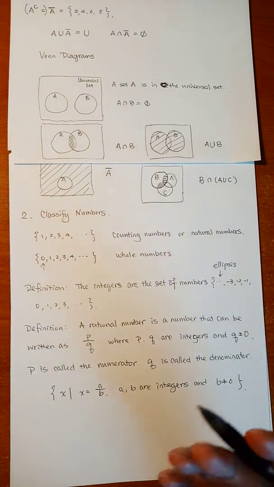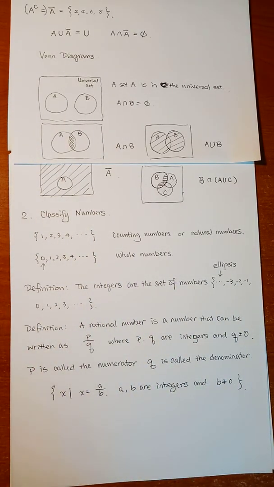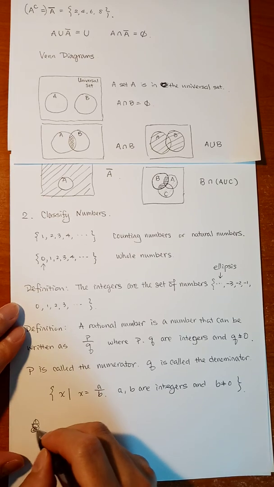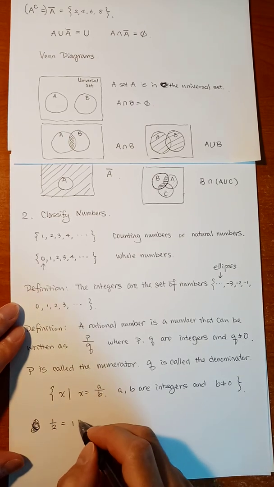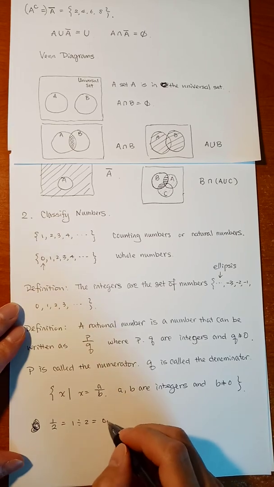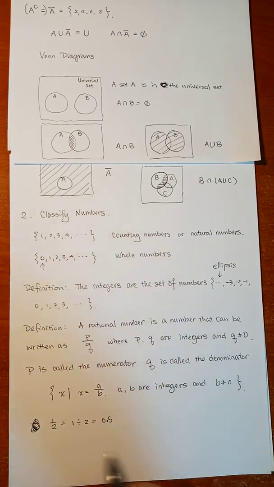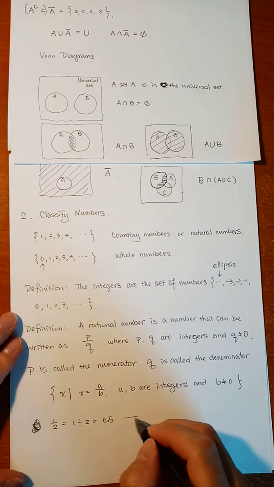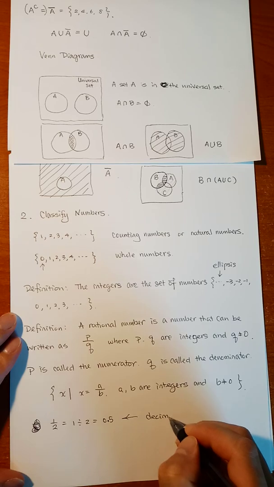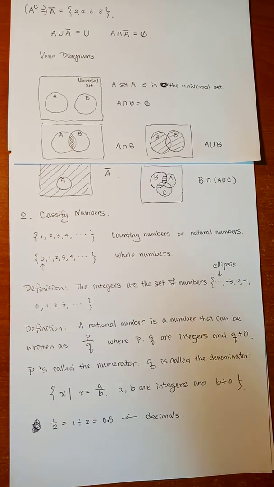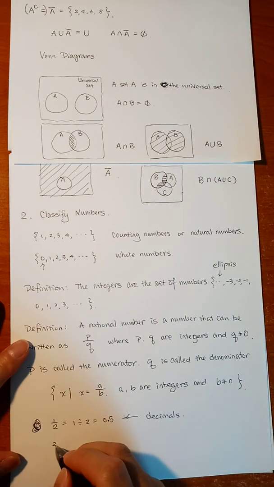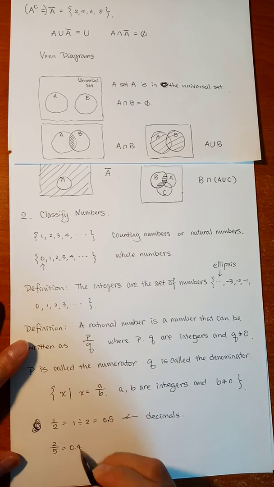A rational number, in principle, represents the quotient, right? A over B means A is divided by B. For example, let's start from a simple one. 1 over 2 is equal to 1 divided by 2, which is 0.5. This is a decimal. Or 2 over 5 is 0.4.